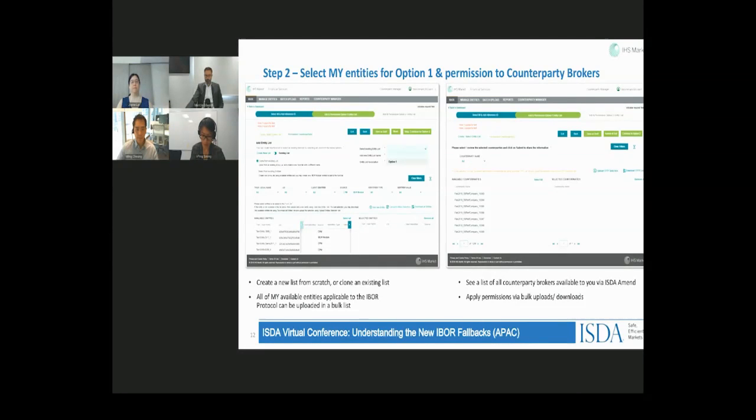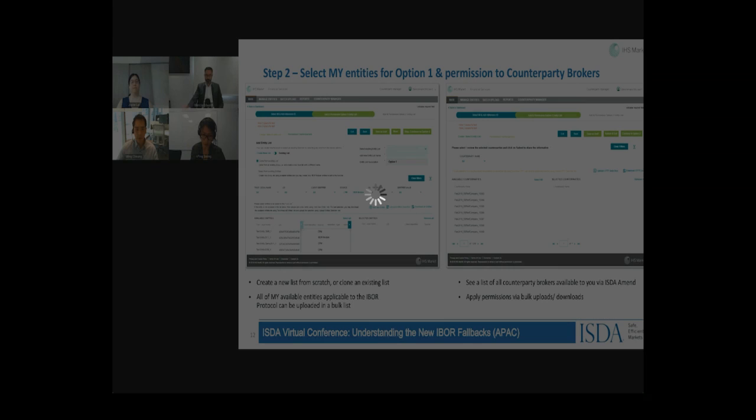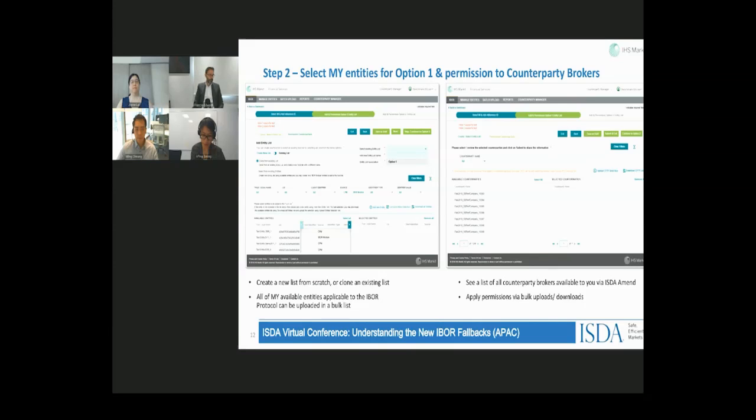If you already have existing entities, you'll have them on the bottom left-hand corner where you can just select the names that you want to be part of, either included or excluded, save that, and then once you hit next, you can see the next step is really just to add your counterparty permission. So you can select for that specific list which counterparties are needed to be included. And that's really as simple as that.